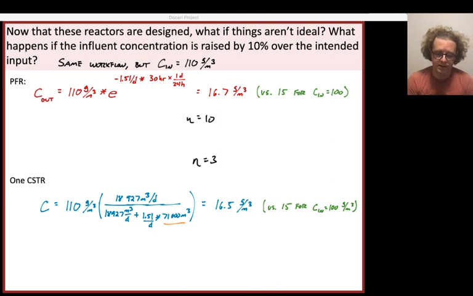So what we're seeing here is that although the volumes might be really different, the performance is pretty similar. In a plug flow reactor, that concentration remains just slightly higher because as that plug is moving along through the reactor, it's not mixing with anything else. Whereas in the CSTR, you've got this larger volume that's helping to somewhat dilute the added mass that you would have had coming in. You're getting some longer time scales in there that'll lead to more removal.